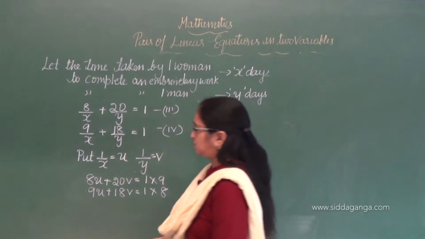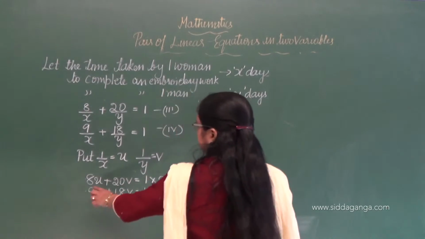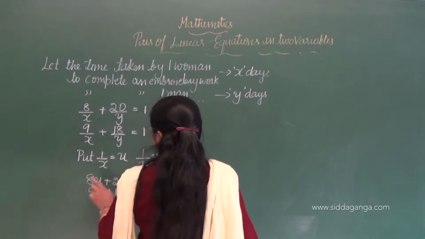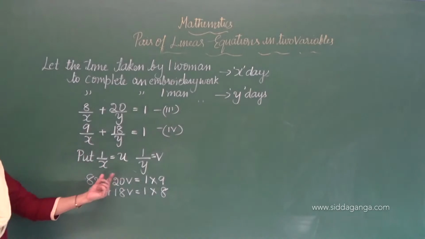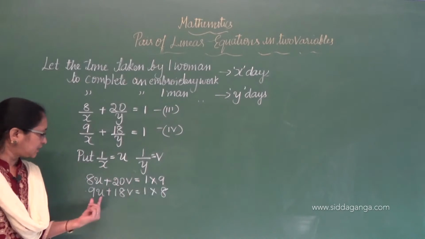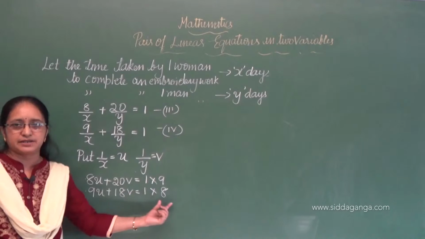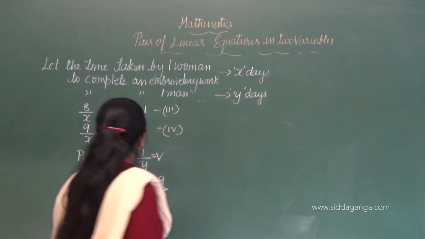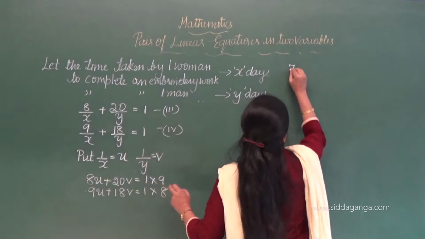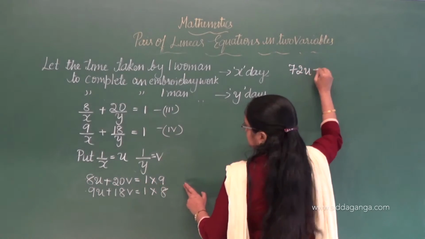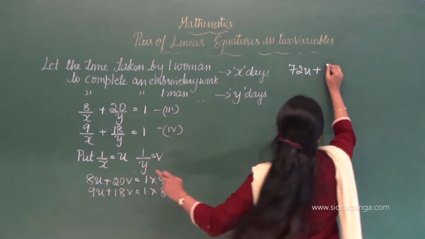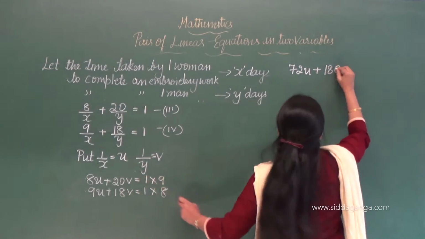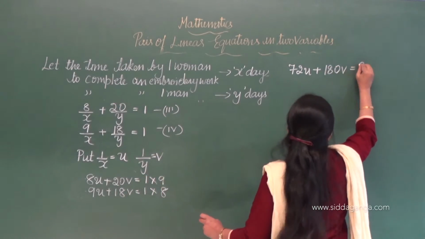Now let us try to solve. When you multiply this by 9 and this by 8, you will get a common term, that is 72. So 9 8s are 72u plus 9 20s are 180v is equal to 9.